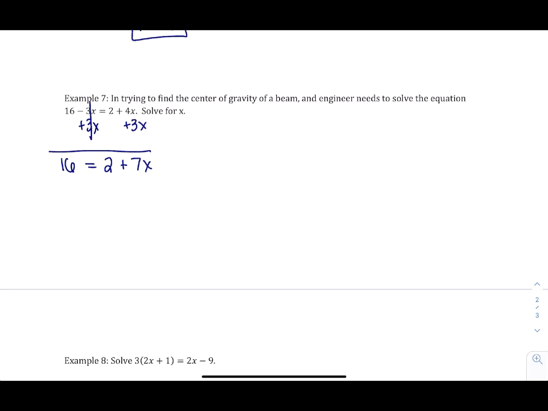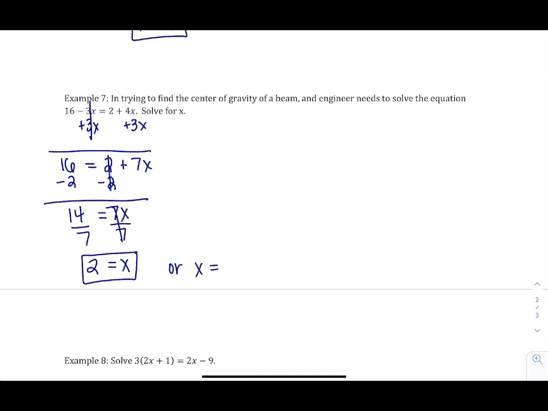Now my x's are on the right, so I want to bring the numbers to the left. So I'll subtract 2, that will leave me with 7x, and then 16 minus 2 is 14. Finally, I can divide both sides by 7 so that the 7's cancel, and my answer is x equals 2.